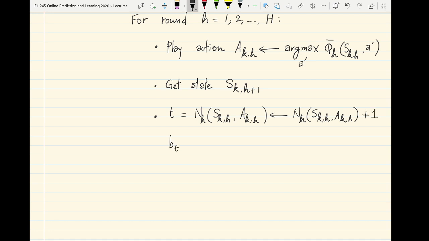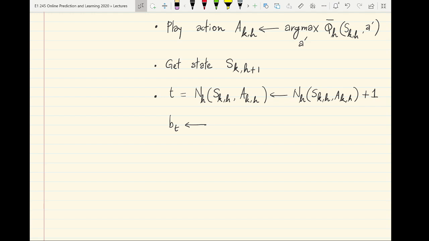And we will set B_T as something that scales roughly as 1 over square root of the number of plays of the state action pair s_k^h, a_k^h. More precisely, this is some constant times square root of H cubed divided by T, log(SAT/delta). So this is where the Hoeffding type concentration bound confidence radius comes in.